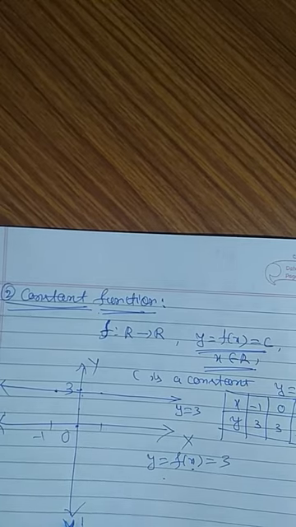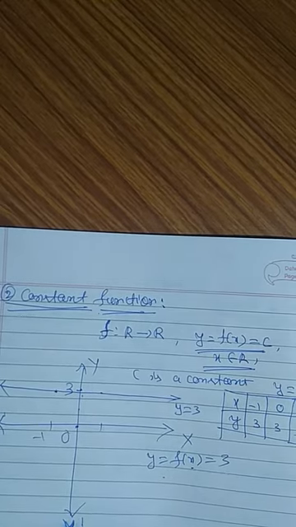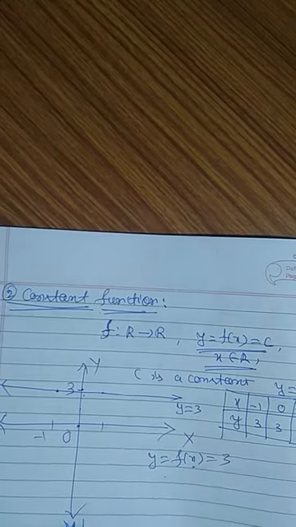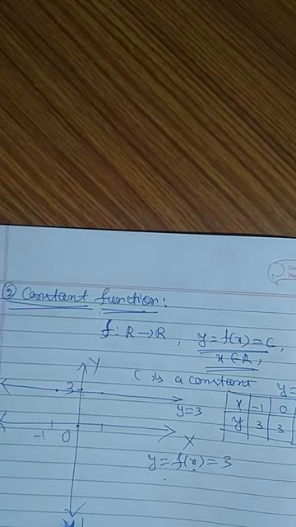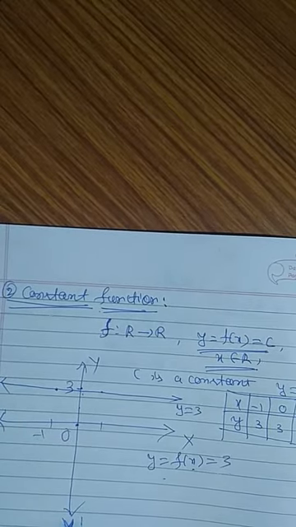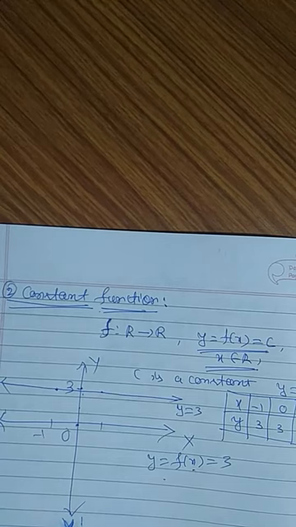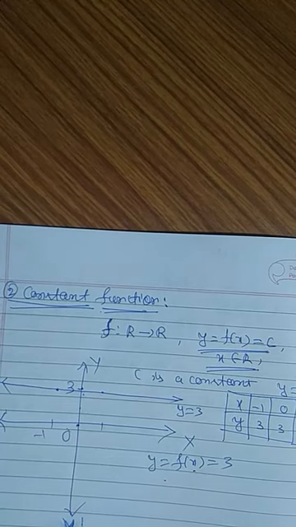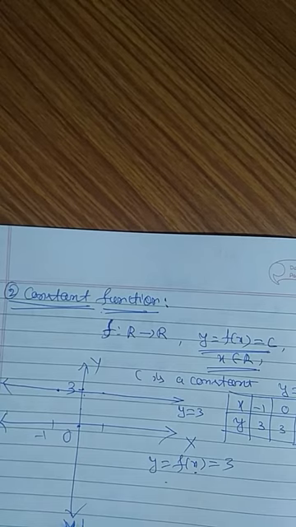What is a polynomial? A polynomial means it contains many terms in the form of ax square plus bx, or ax cube, like this.